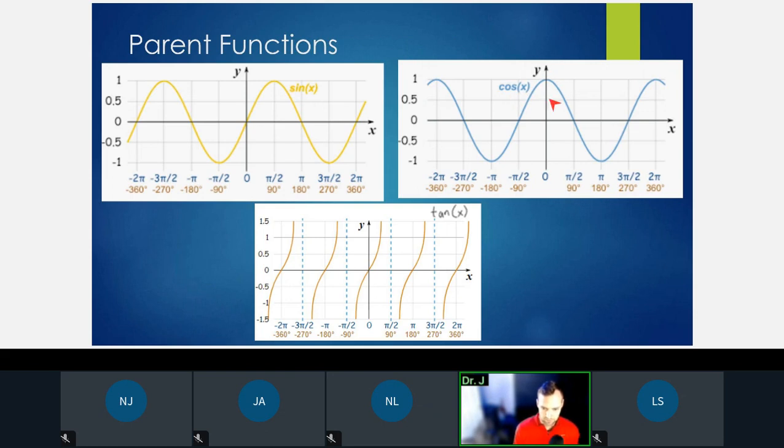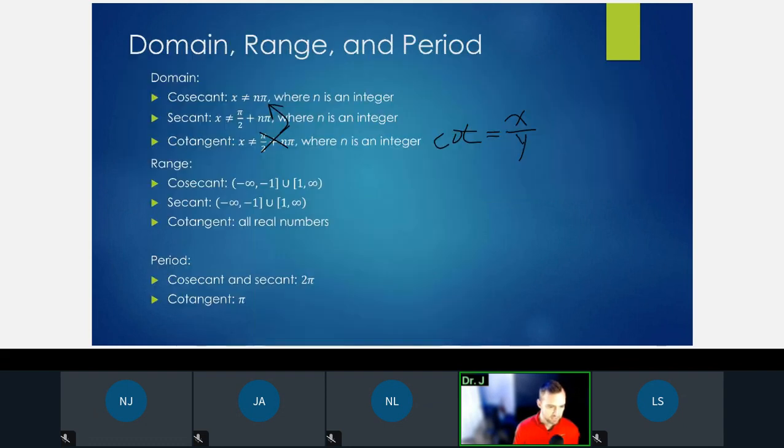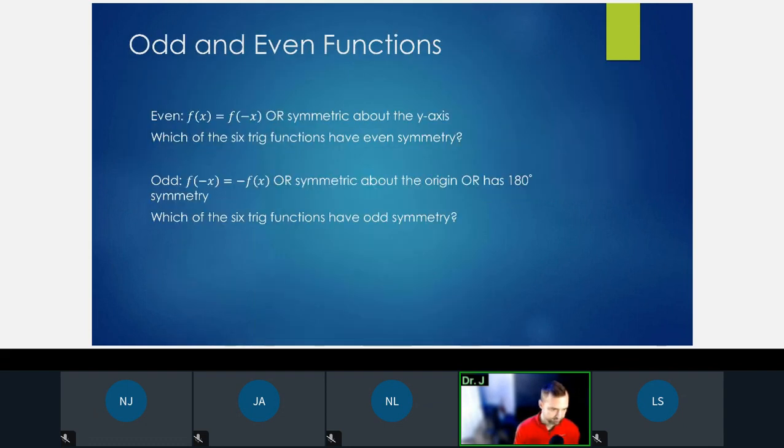So here's the reflection, right? The symmetry is this side symmetric to this side. Is it a reflection of itself? It sure is. So the answer would be cosine and secant, and that's considered to be even.